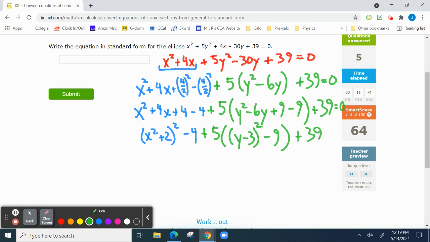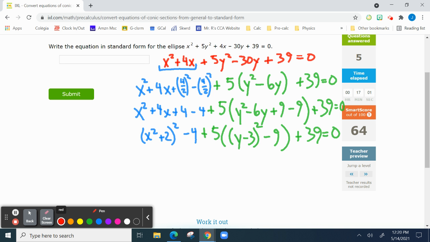plus 39 equals 0. Okay, so now what is the best thing to do here? I guess we got to plug that 5 back in for now, don't we? All right, so let's rewrite the whole line.